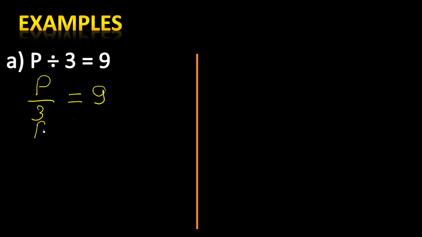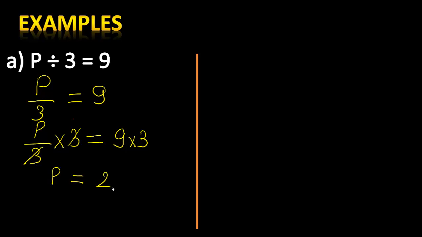So now we're going to have to multiply it by 3. p by 3 times 3 is equal to 9, oops, 9 multiplied by 3. So 3 and 3 cancel out each other, and 9 multiplied by 3 is 27. So that means p is equal to 27.